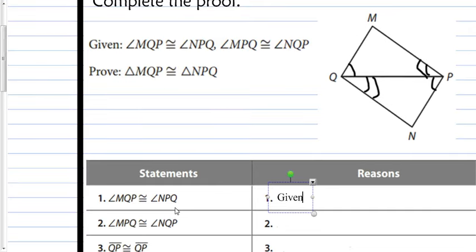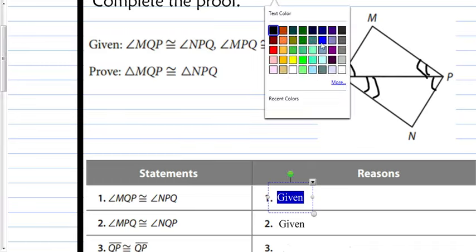The second statement is that MPQ is congruent to NQP, and that is also a given. They gave us that at the beginning as well. So both of those are the givens. We didn't have to guess. Whatever they give you is the given. Okay, and let me change these to blue so they stand out a little better. There we go.